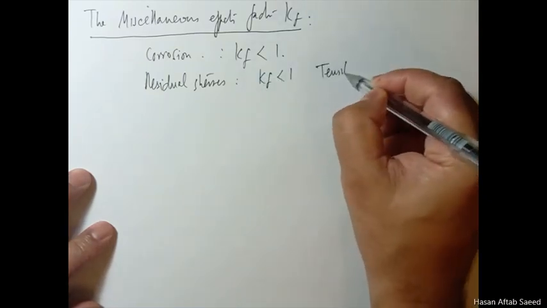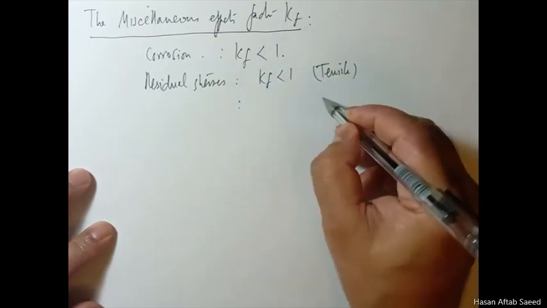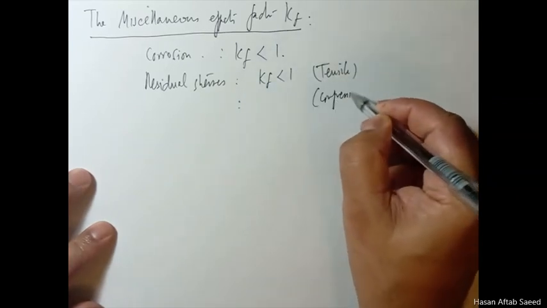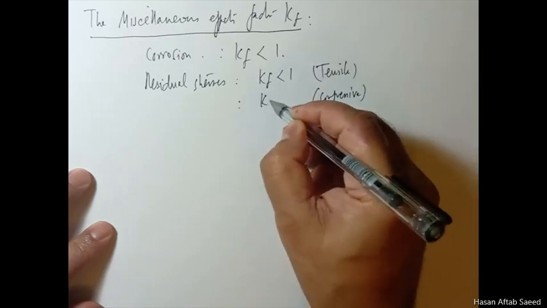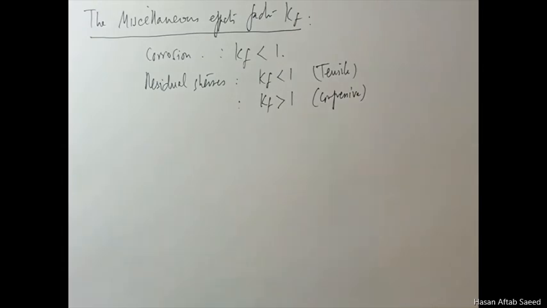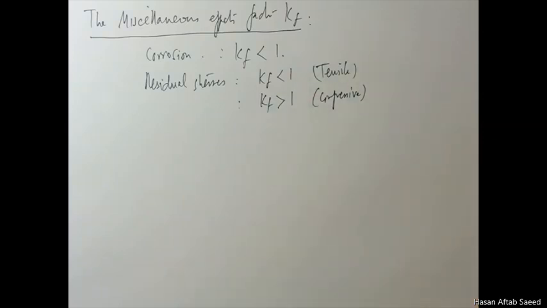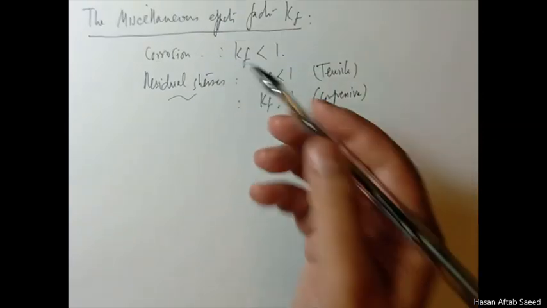If the residual stresses are compressive in nature, then you may have a KF greater than 1. Why? Because compressive residual stress means that your tensile strength will be increased, and your tensile strength increasing means your endurance limit will increase. So you must have a correction factor of more than 1. So residual stresses work both ways.